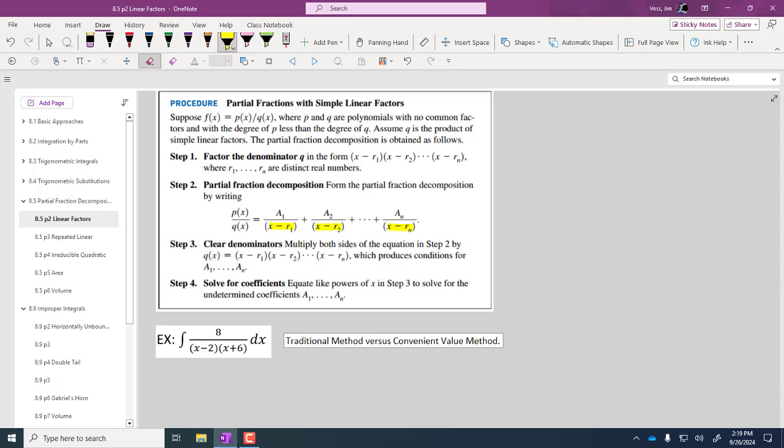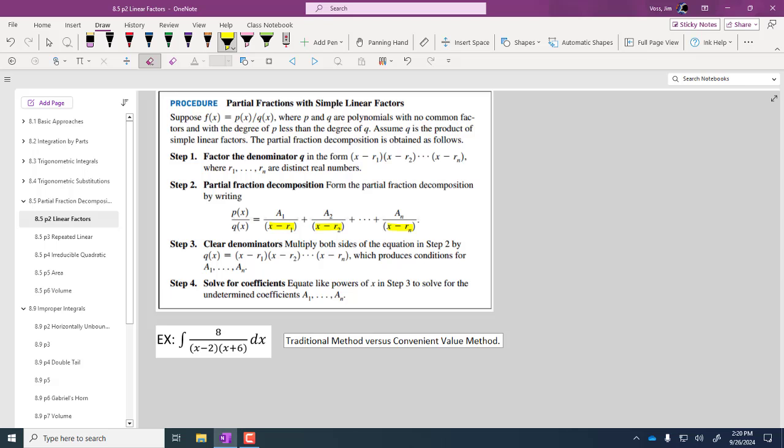The fundamental theorem of algebra says that if you have a polynomial, it can always be factored into powers of linear and irreducible quadratic factors. An irreducible quadratic is like x squared plus 1. You would need imaginary numbers, so x squared plus 1 is irreducible. So the fundamental theorem of algebra says that we can factor into linears and irreducible quadratics.